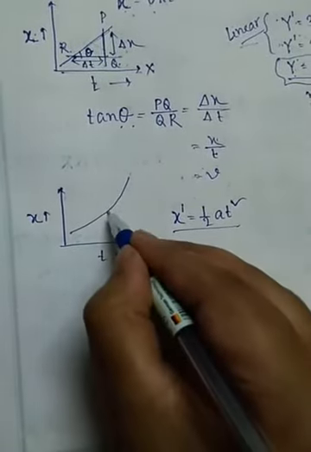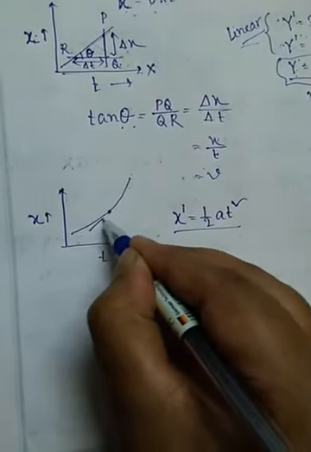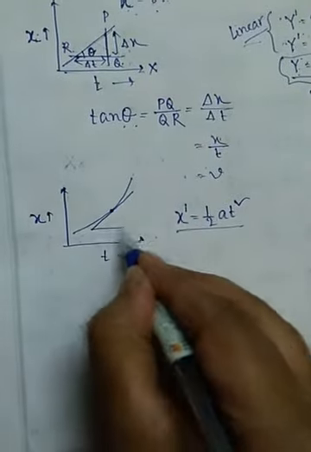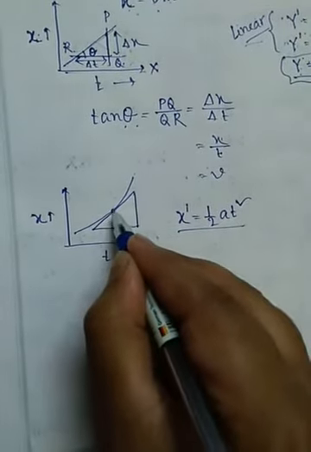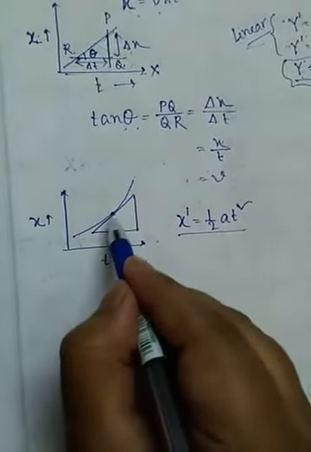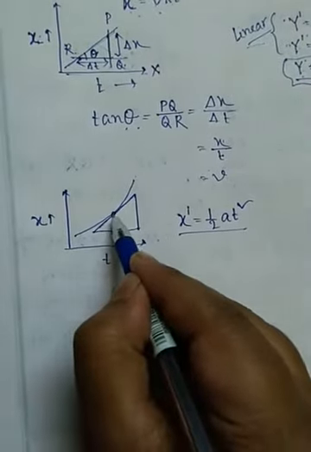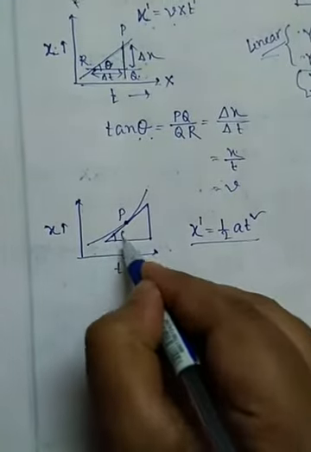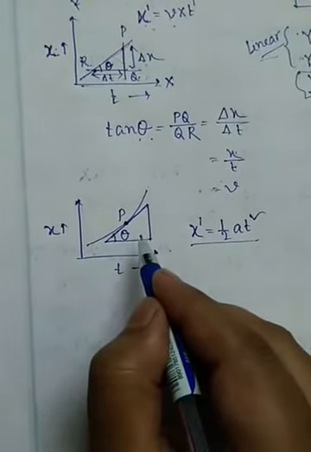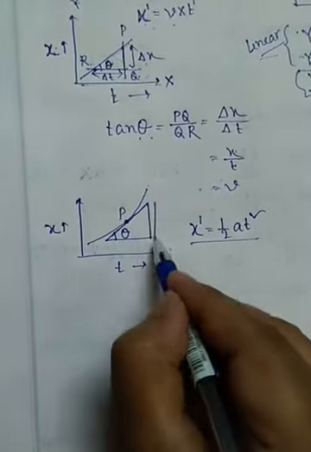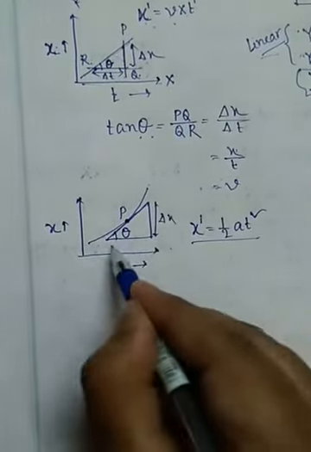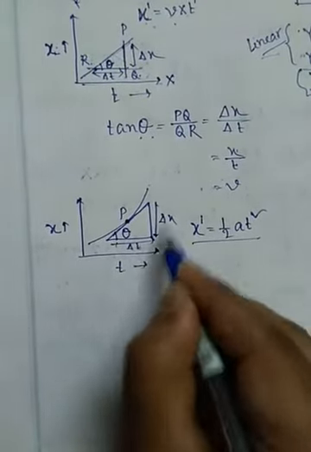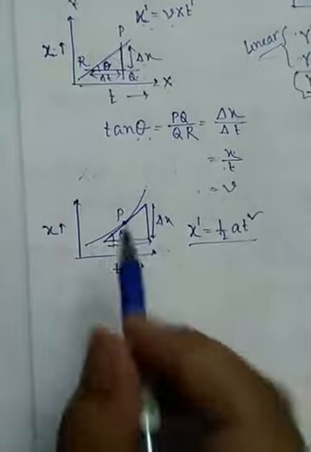Okay, again here you may plot a slope, and the slope in this graph also gives the velocity at this point P. Slope means nothing but tan theta you have to take. So tan theta is equal to delta x by delta t, that is x by t, and again that is velocity.